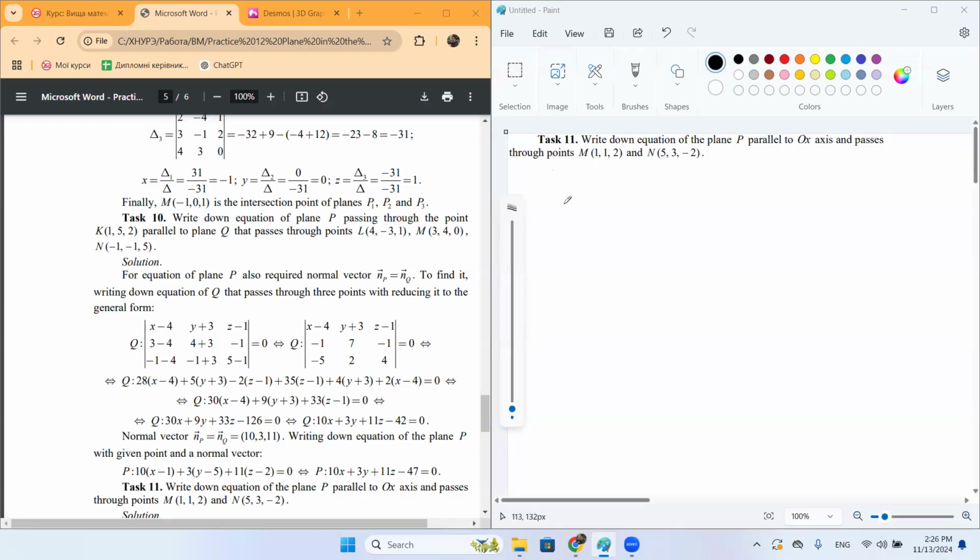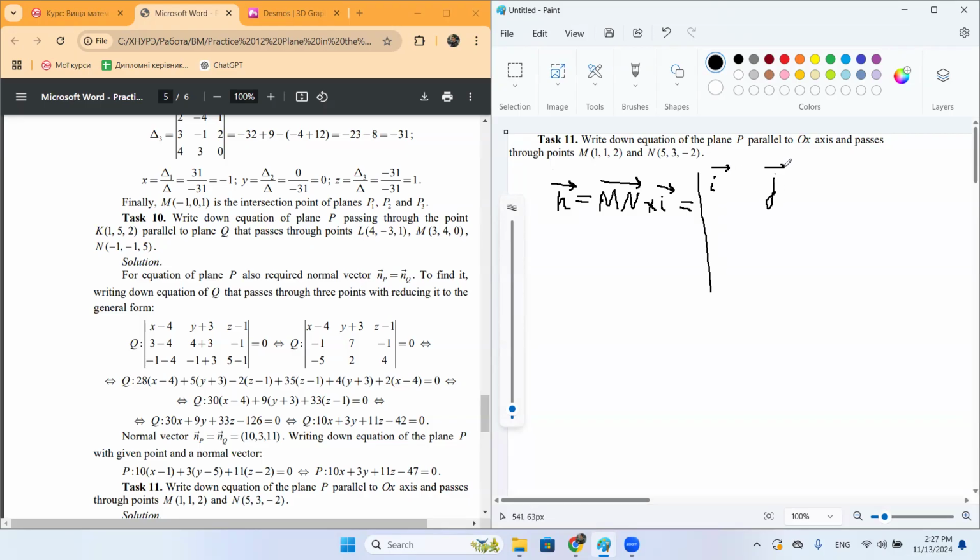And we can find the normal vector by multiplying MN by this vector 1, 0, 0. Correct. So the cross product of vector MN and unit vector i. Yeah, that's just what we need.